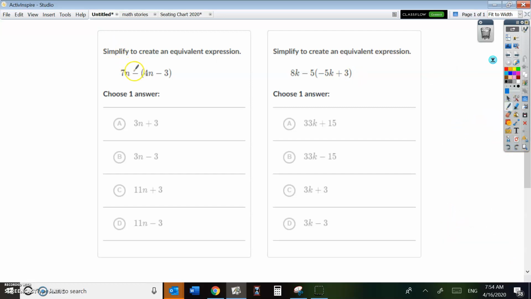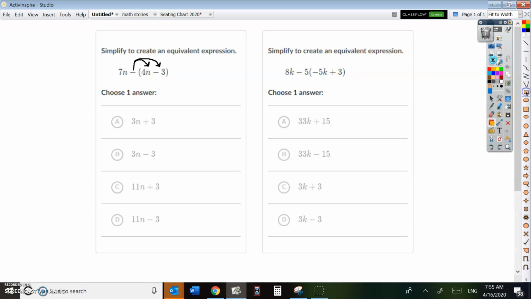This negative sign, this subtraction sign, is saying I want to subtract 4n, and I want to subtract minus 3. So let me rewrite that so you can see how it works a little bit simpler.